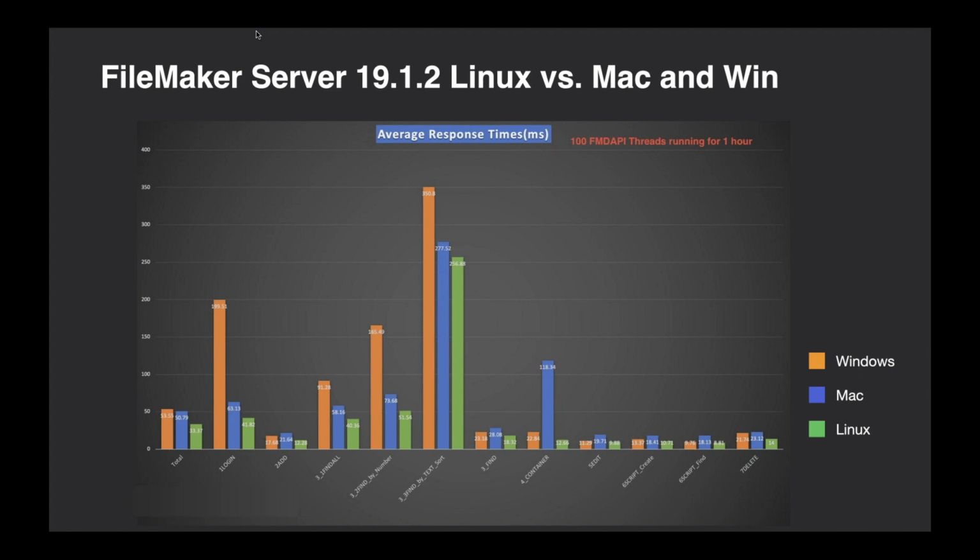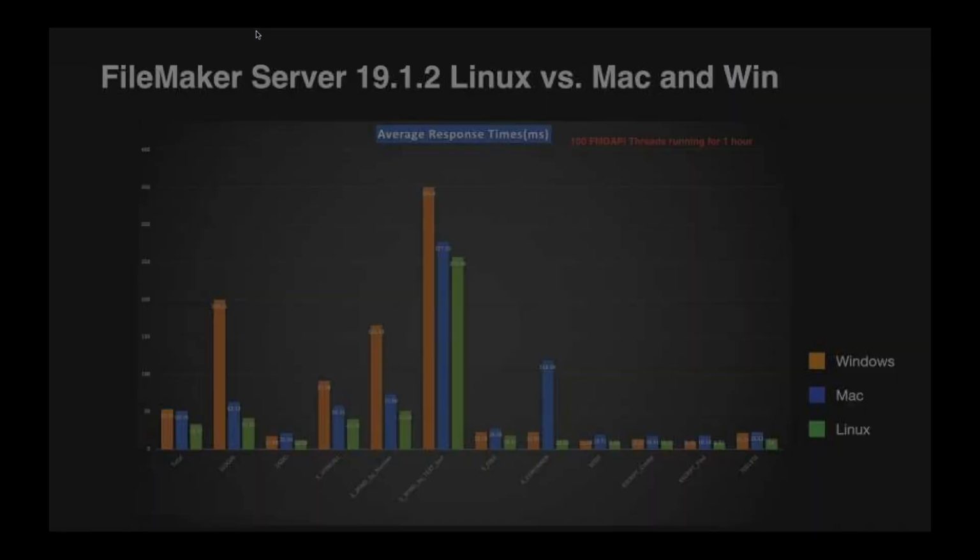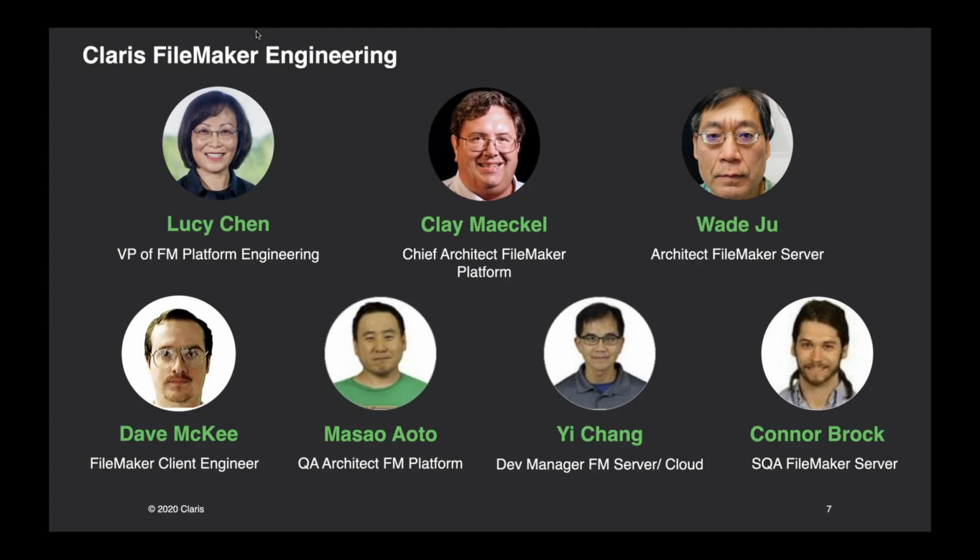So next, I'd like to introduce Lucy Chen, who's our Vice President of the FileMaker platform. Again, that includes FileMaker Pro, Go, Server, Cloud, and WebDirect. Lucy has been with Claris since 1995 and has been at the backbone of all FileMaker product releases since that time. Since May of this year, Lucy has taken on responsibility of the FileMaker platform Agile transformation and our faster release cadence.